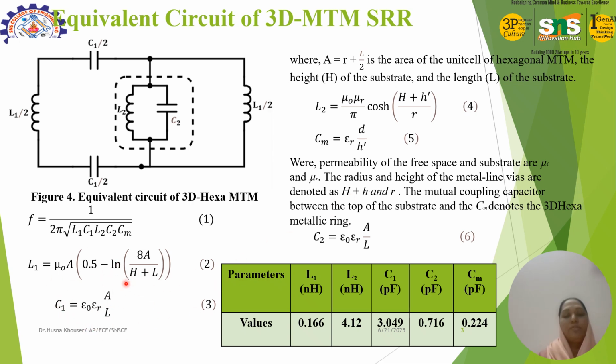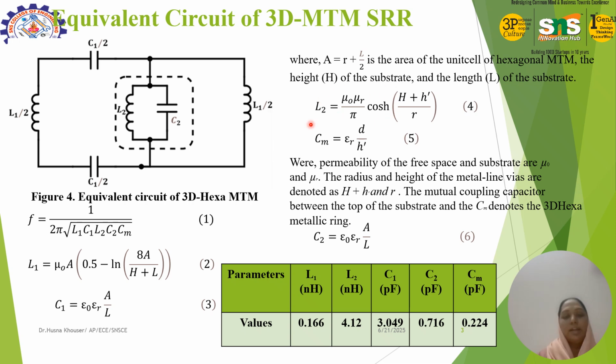Based on the area of the hexagonal ring, we calculate the C1 and C2 values. The area A is calculated as the radius R plus L by 2, which is the area of the unit cell of the hexagonal structure, and the length of the substrate.